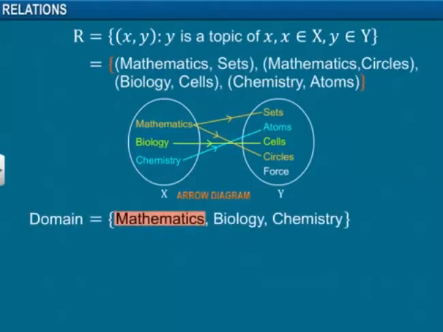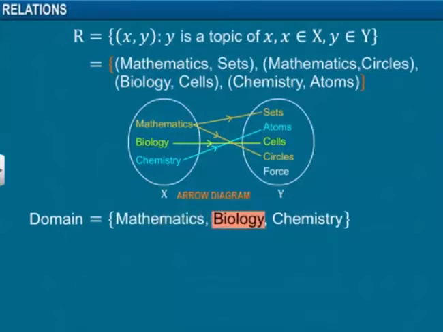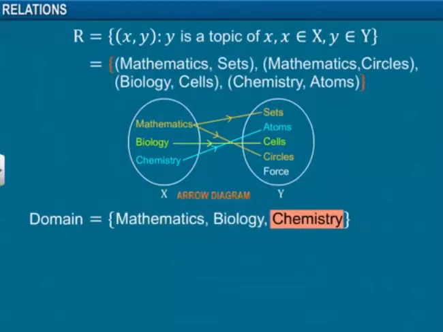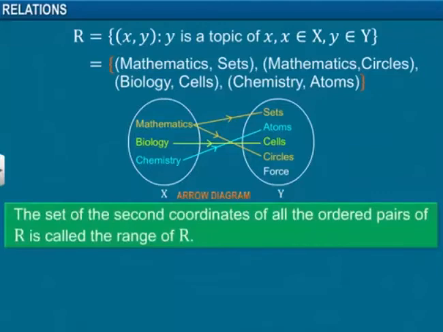Observe that the repeated elements are written only once. And the set of the second coordinate of all the ordered pairs of R is called the range of R.